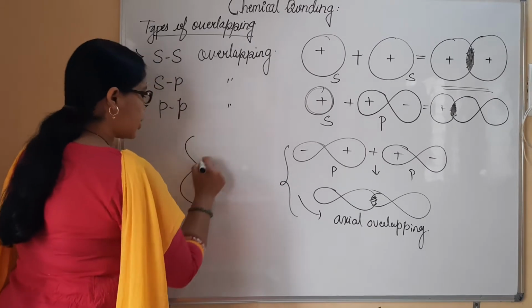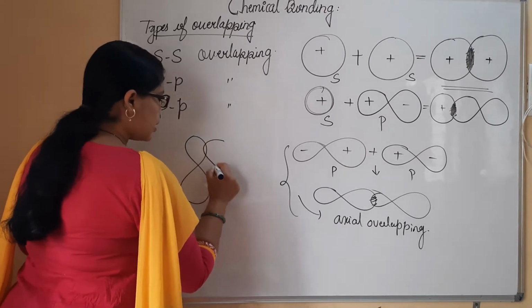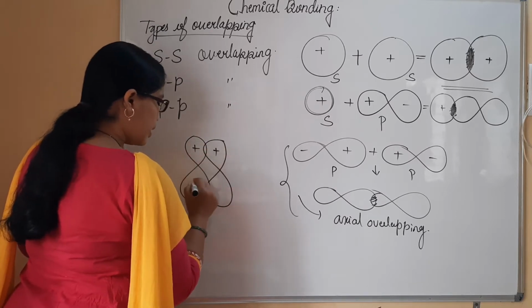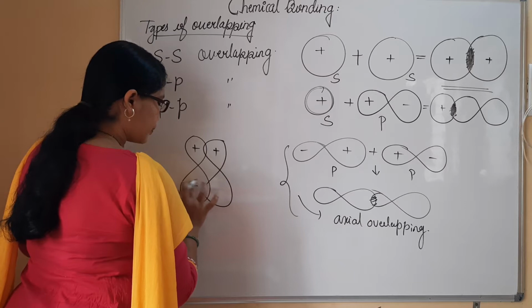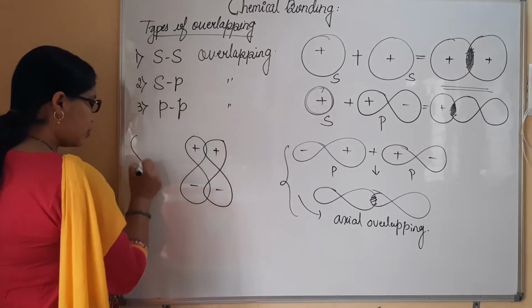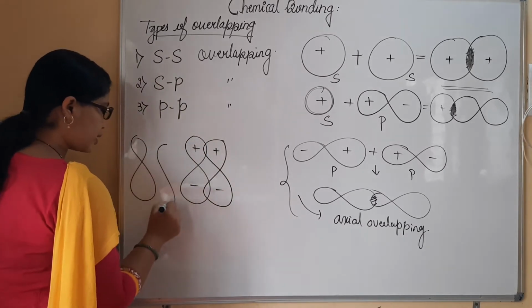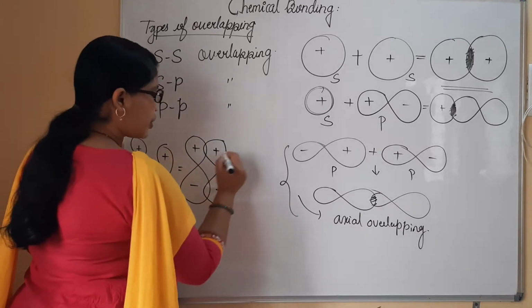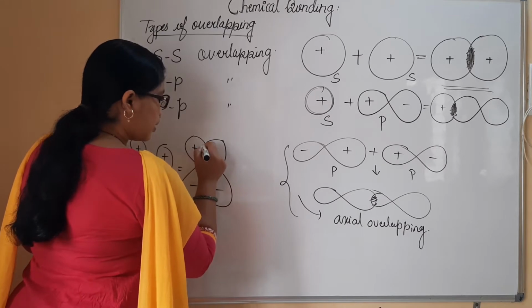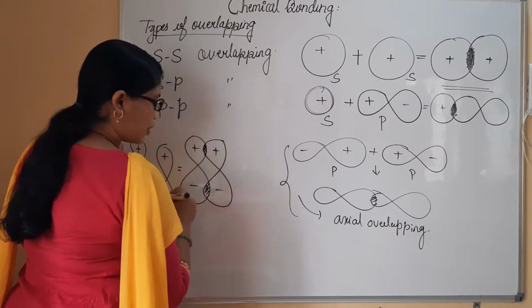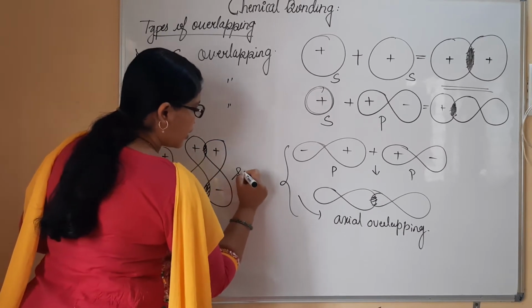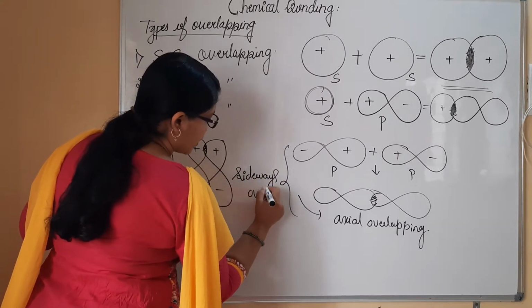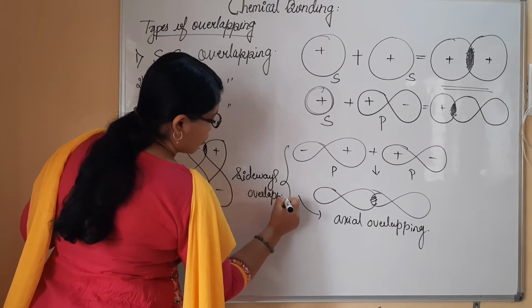See here, this is a P orbital, and I have one more P orbital combined in this fashion. Initially these two P orbitals are like this: plus, plus, minus, minus. After combination, they form overlapping in this fashion. It is said to be sideways overlapping.